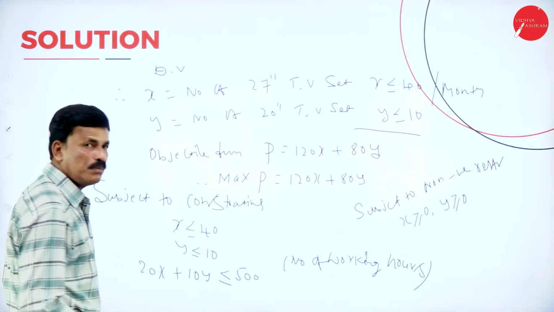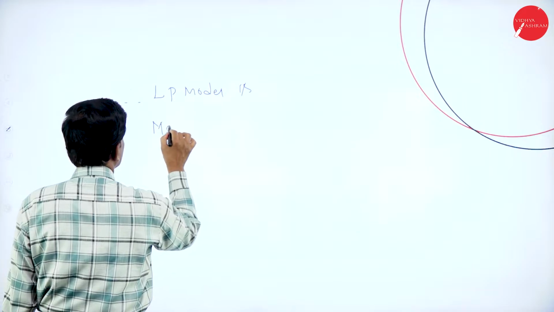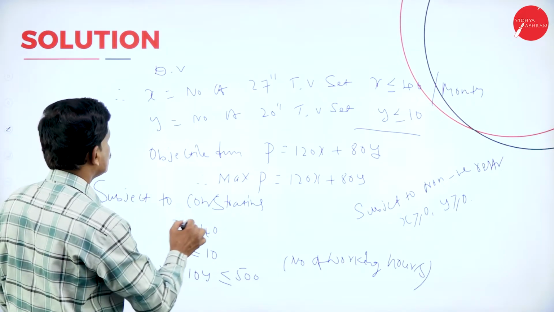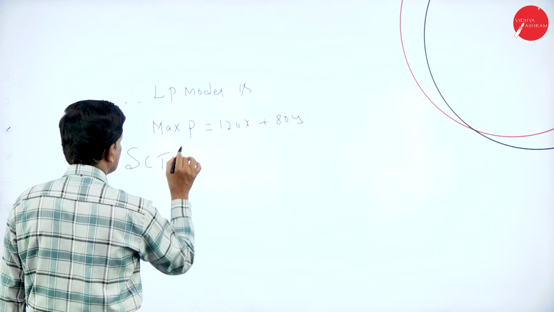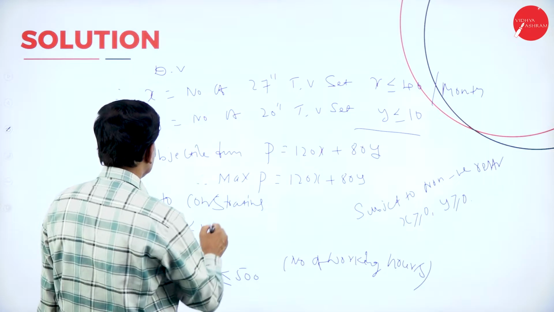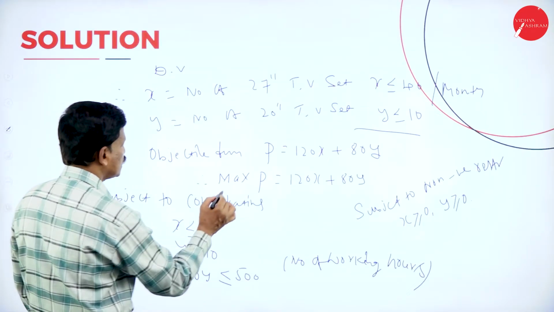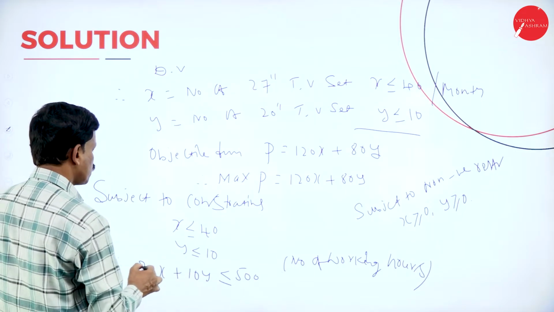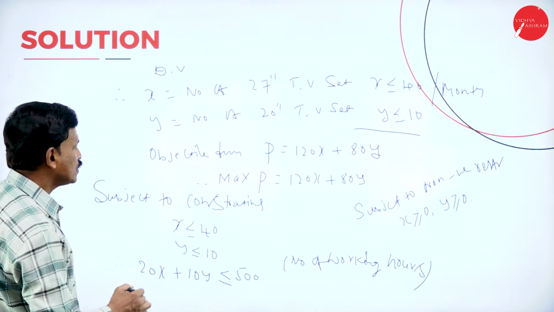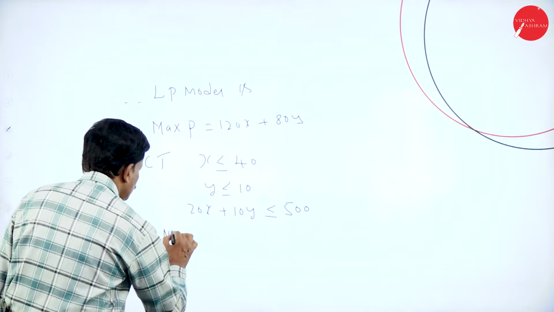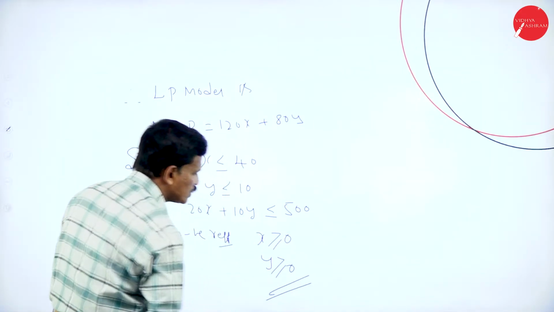Hence the required LP model is maximum P is equal to 120x plus 80y, subject to the constraints X is less than or equal to 40, Y is less than or equal to 10, and 20x plus 10y is less than or equal to 500, and the non-negative restrictions X is greater than or equal to 0 and Y is greater than or equal to 0.